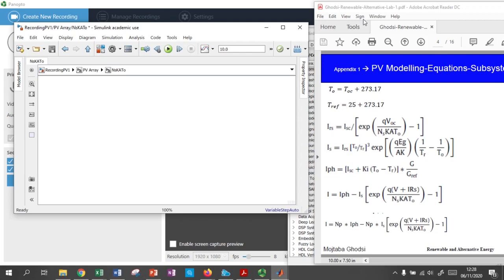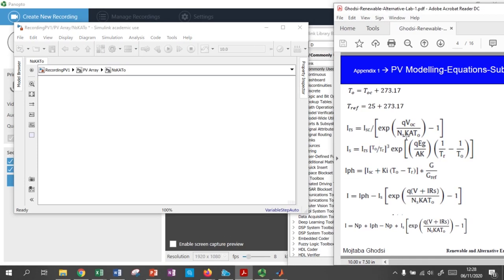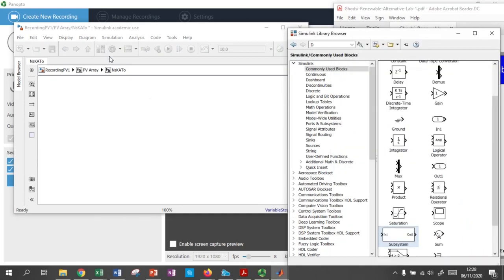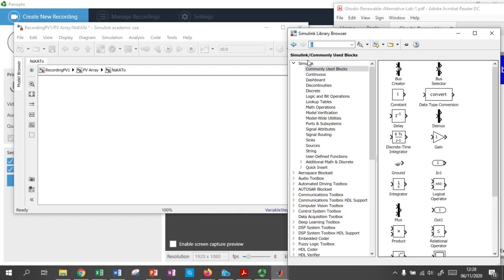Then K is a constant, A is a constant, and TO is what we found from the previous subsystem, which was the thermal subsystem. Now we need two constants and two inputs from the other subsystems or external side. Then I will again go to this one, and I have one which is called constant.